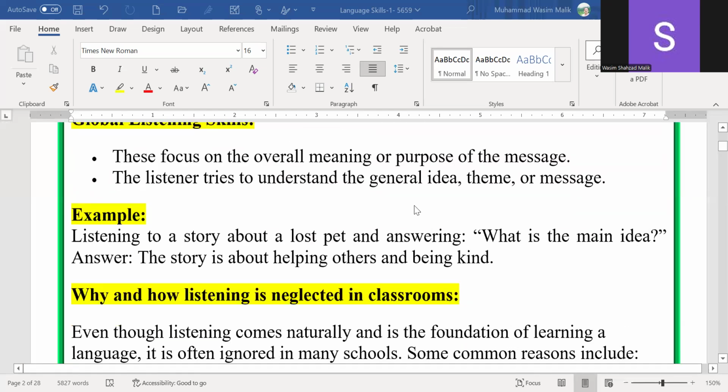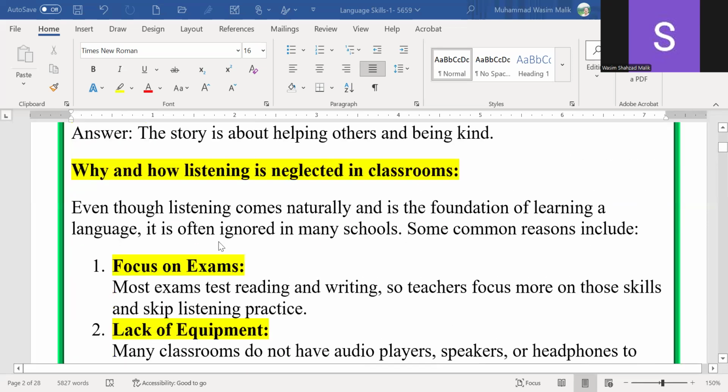But here it is general, overall: the general idea, theme, or message. For example, listening to a story about a lost pet. If you are listening to a story about the lost pet and you have to answer what the main idea is, what will you answer? The story is about helping others and being kind.